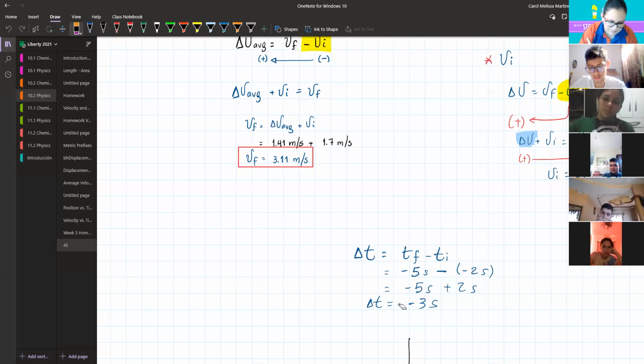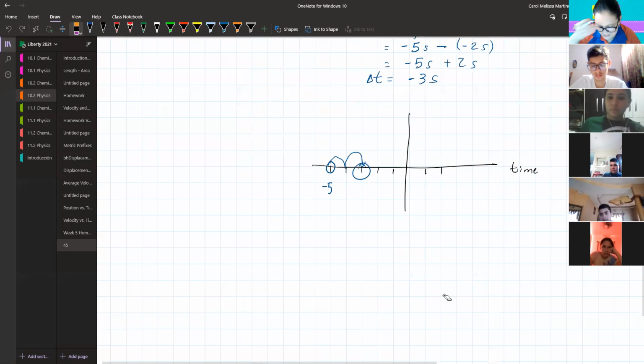So as you can see, because the negative gives you the positive, you move 2 units to the right. So even though the change in time is just 3 seconds, imagine that this is just a number line, so this will be giving you the -3.